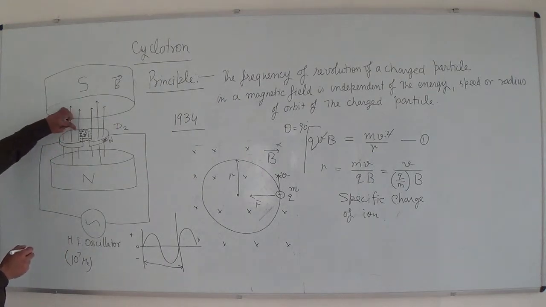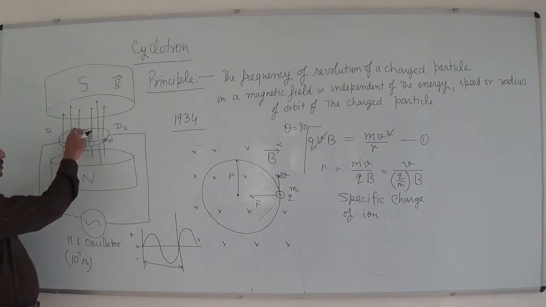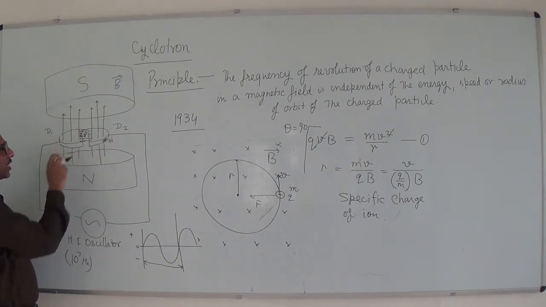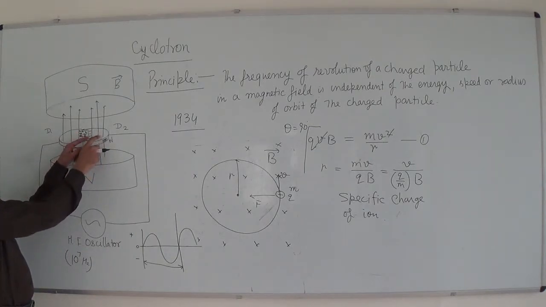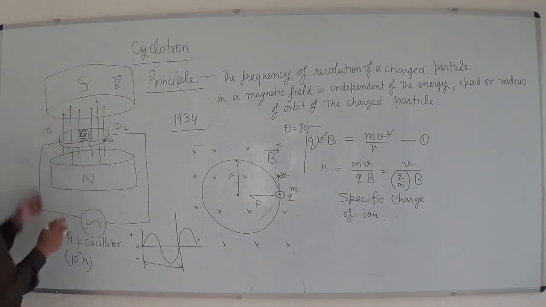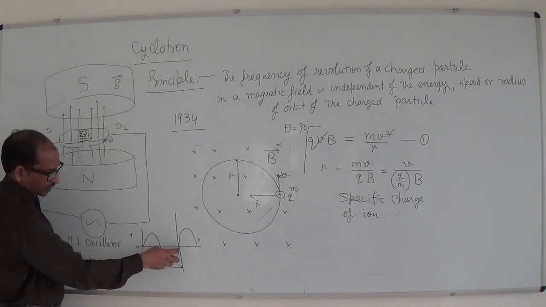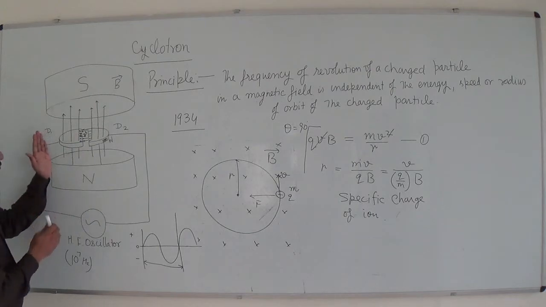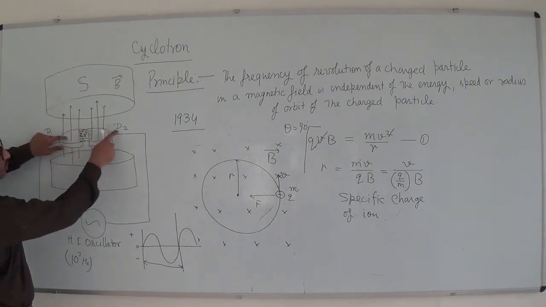So at this particular point, when the ion completes the semicircle in D1, D2 is at negative potential and this one is at positive potential. Now the potential of D2 is negative, so the electric field direction will be from D1 to D2.